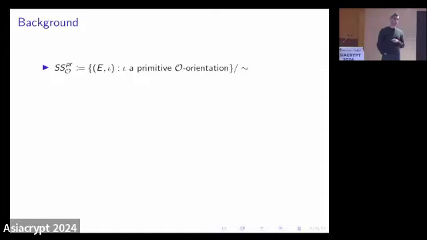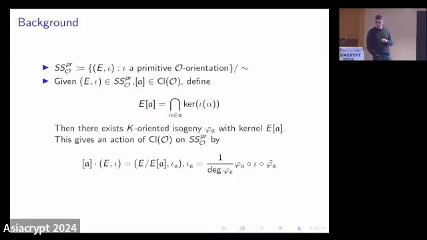We can then consider the set of primitively O-oriented supersingular elliptic curves up to isomorphism, and consider the action of the class group of O on this collection of curves together with these orientations. We can then define finite subgroups of these curves by taking some particular representative of an element in our class group, thinking about the kernels of all of the endomorphisms contained in that ideal, and taking that intersection.